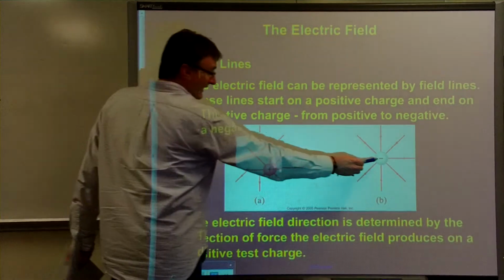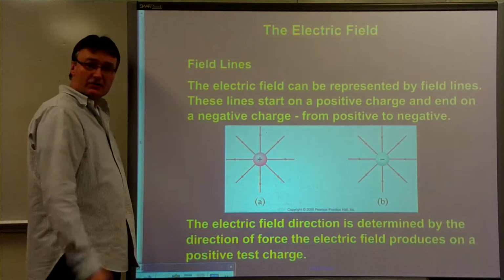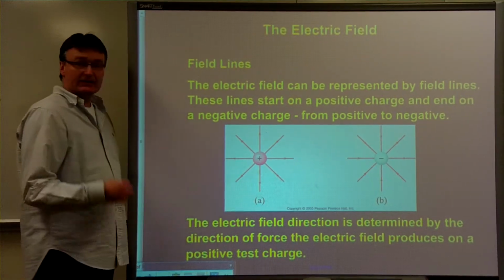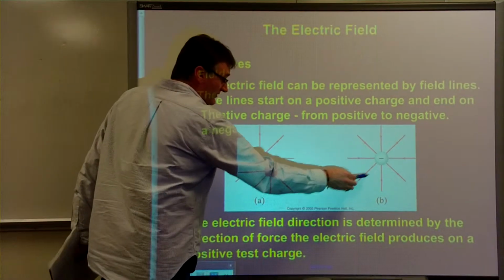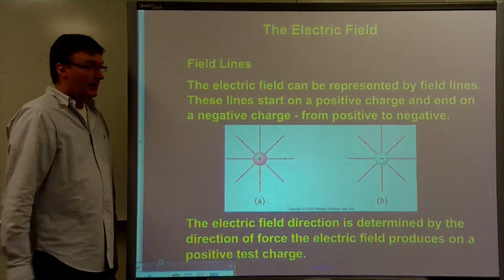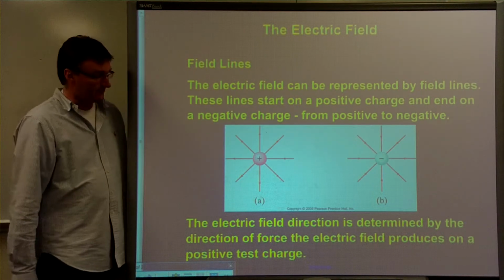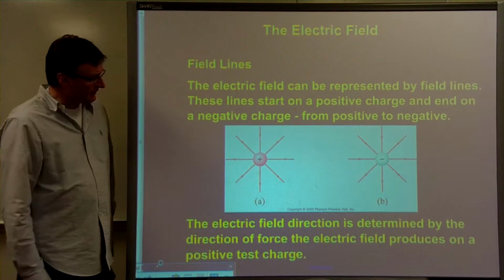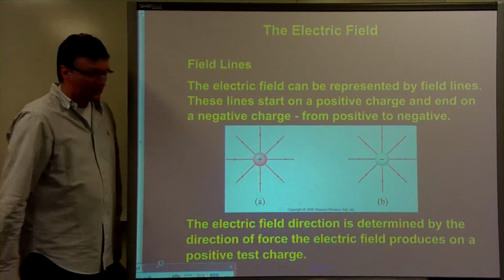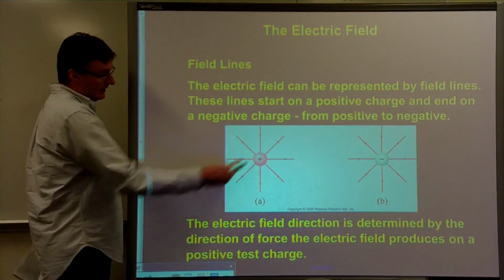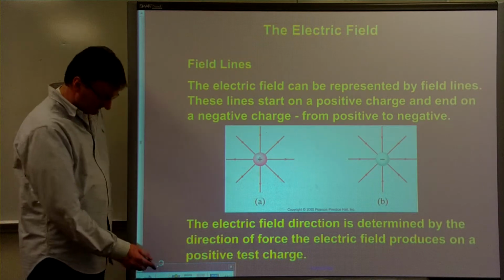If we have a negative charge and we put a positive test charge anywhere near that, then the direction of force on that positive test charge will be toward the negative charge that's producing the electric field. It all sounds a little bit confusing, but just think of it as putting a positive test charge, and whatever direction the force is from the point charge, that'll be your direction of electric field.